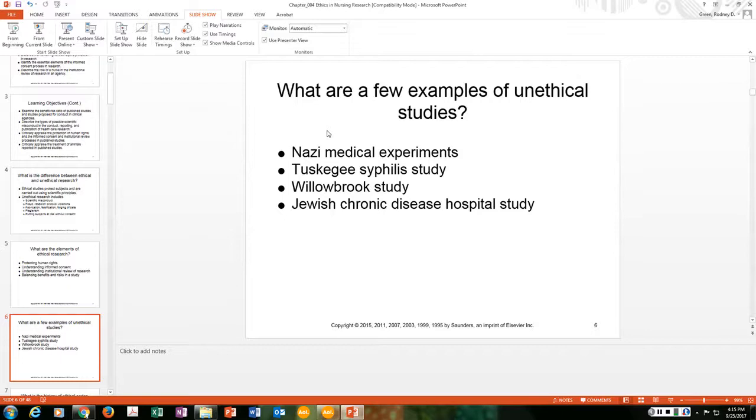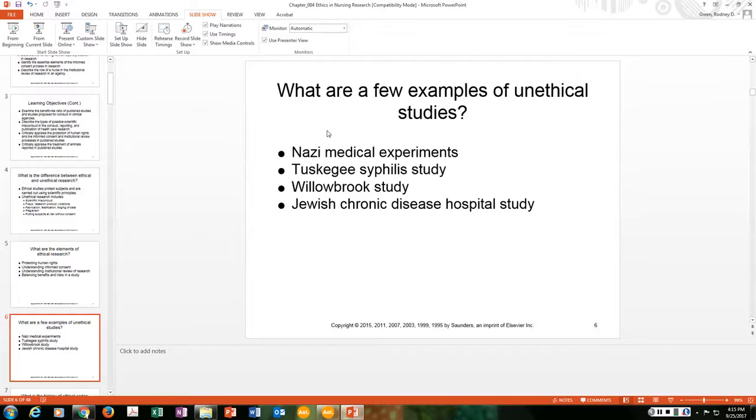The Willowbrook study in 1950 to 1970, so 20 years. Willowbrook was an institution in Staten Island, New York, for severely mentally impaired patients, mainly children.